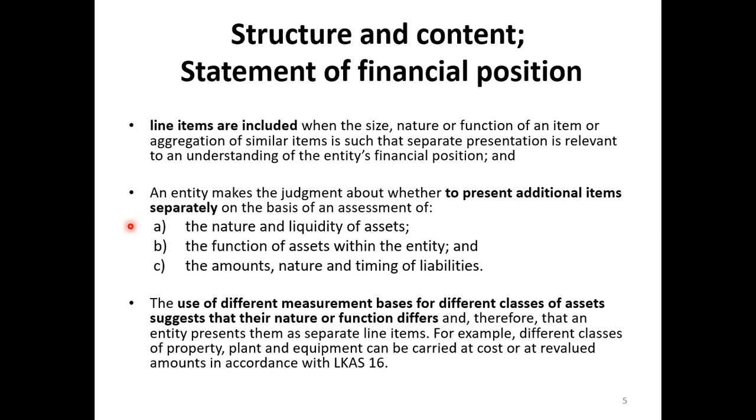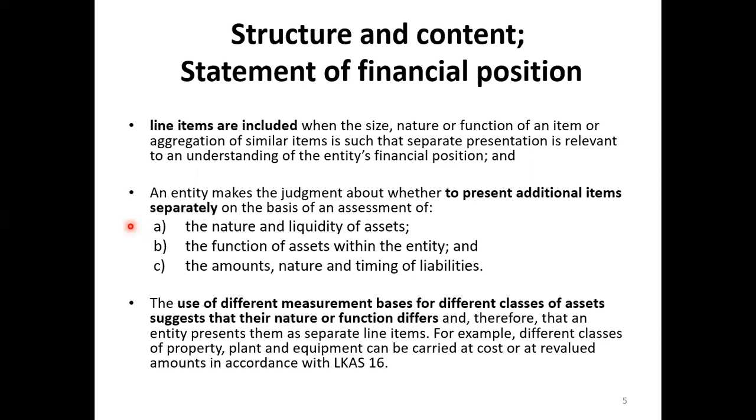Because the management perceives that showing the inventories in separate line items will give more meaningful information. In those circumstances, they can do so, right? So it's based on their judgment.